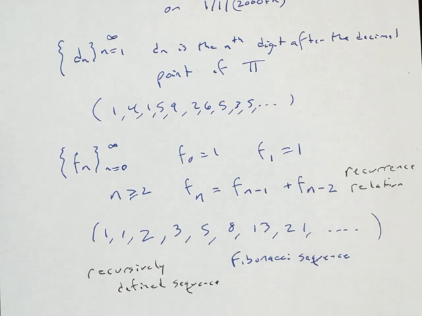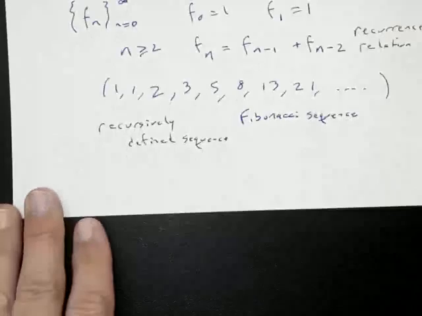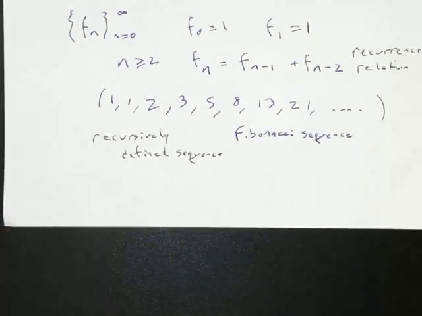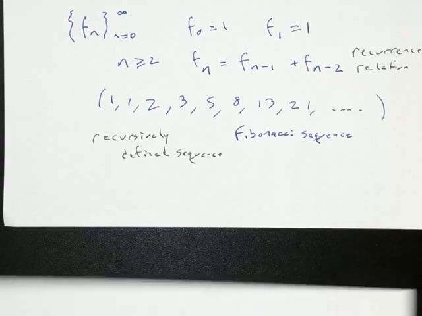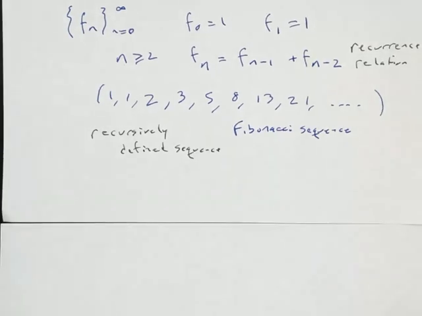In the middle of the 1800s, a man by the name of Binet would come up with a method for finding a closed form for all sorts of recursively defined sequences. And that worked really well. Questions?